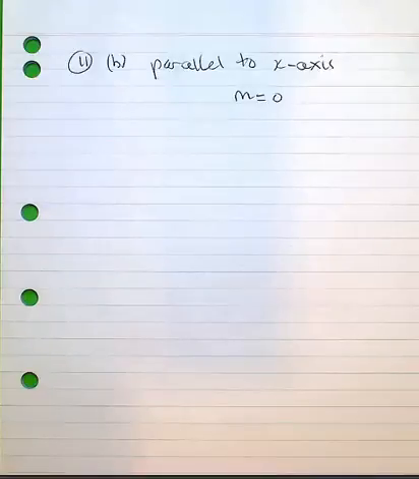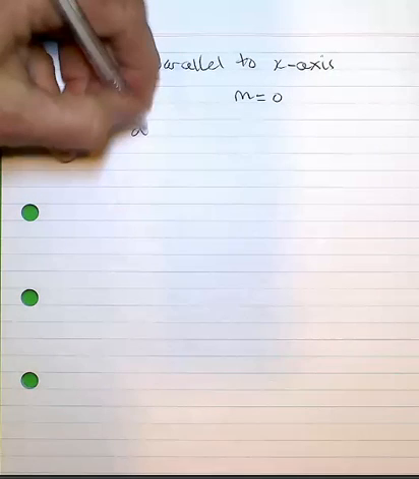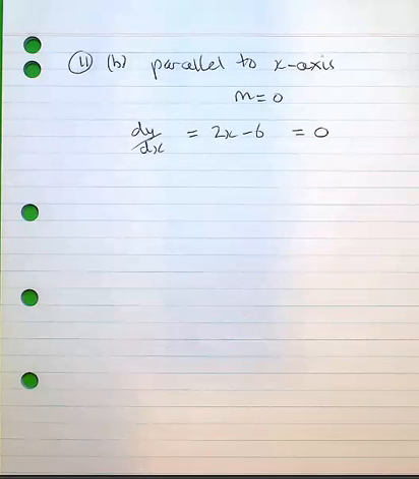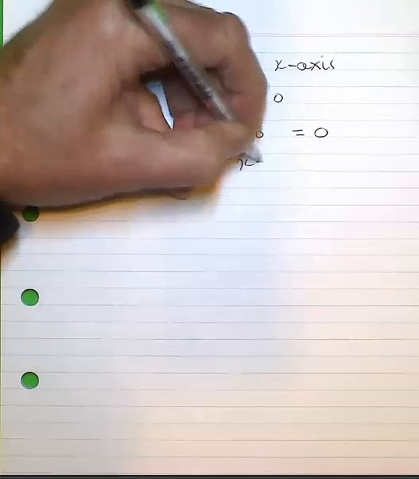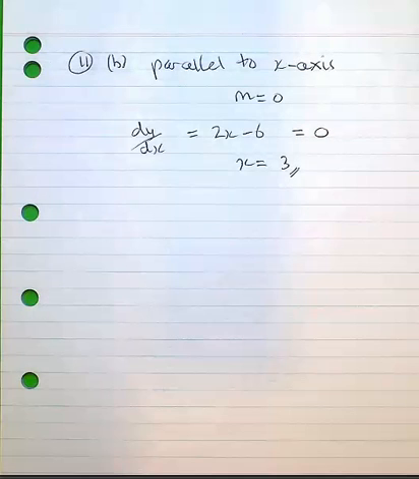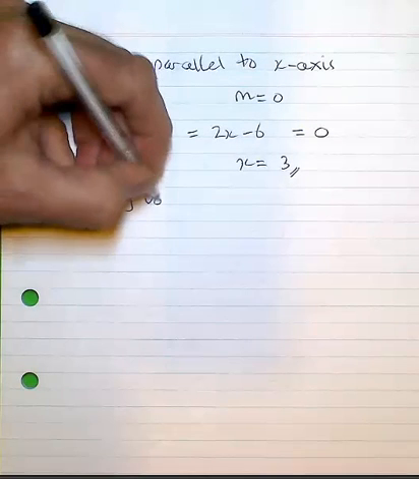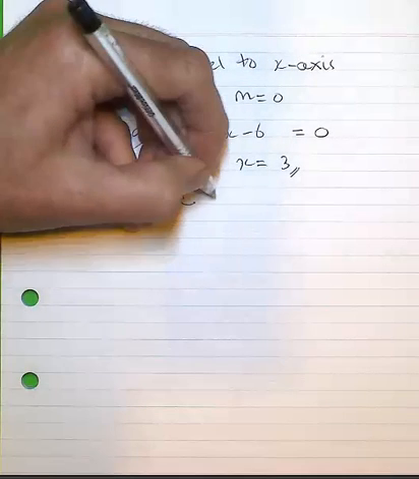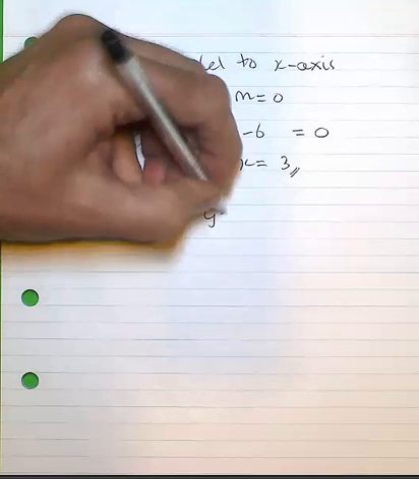Parallel to the x-axis means the gradient is equal to 0. So working with the derivative before, I solve that for when it's equal to 0, and that will give me x is equal to 3. The y value, well, what I have to do there is plug x is equal to 3 into the original expression.